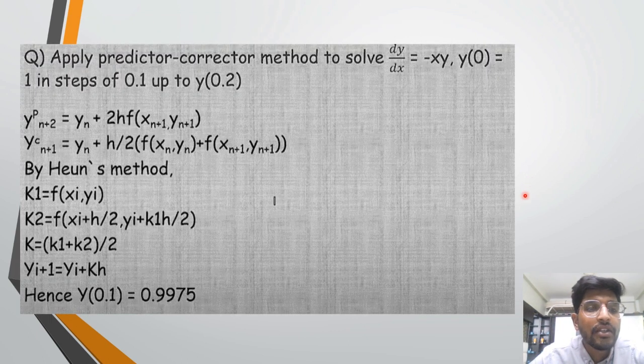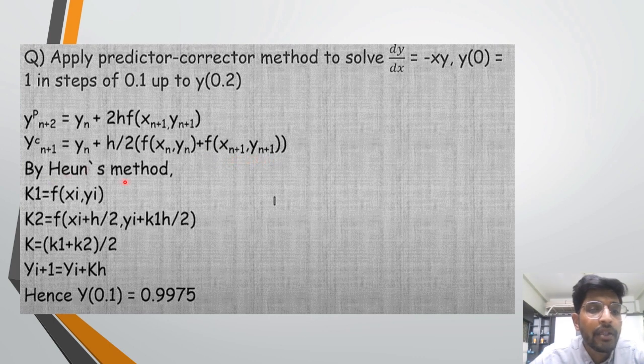Now the last question over here is to apply the predictor-corrector method to solve dy by dx equal to minus xy, y0 equal to 1, in steps of 0.1 up to 0.2. So the predictor is y(n plus 2) equal to yn plus 2h f(x(n plus 1), y(n plus 1)), and the corrector is y(n plus 1) equal to yn plus h by 2 times (f(xn, yn) plus f(x(n plus 1), y(n plus 1))).